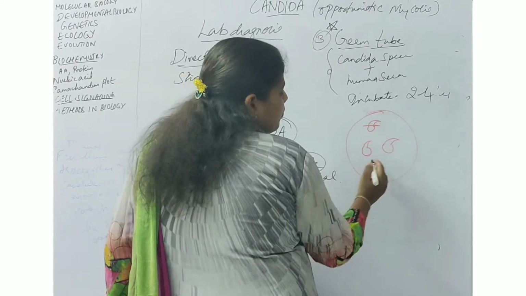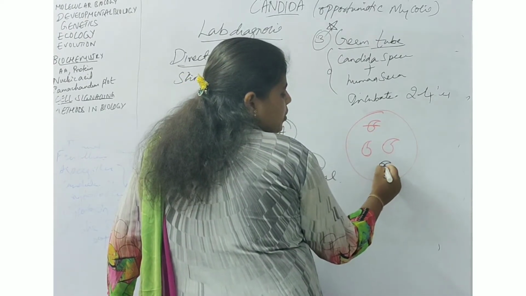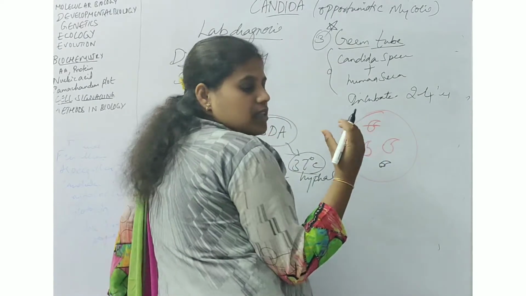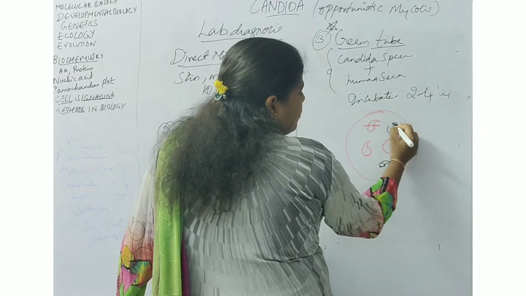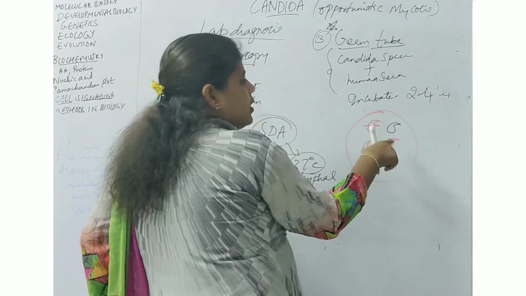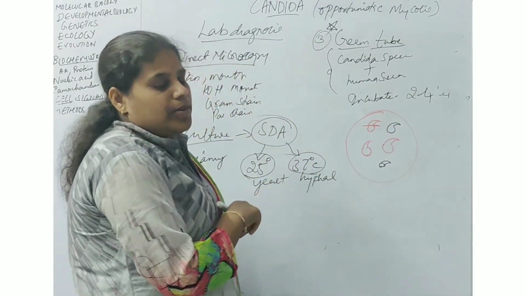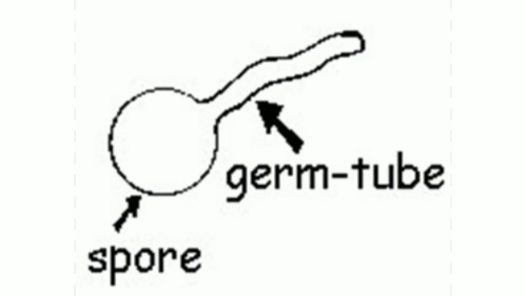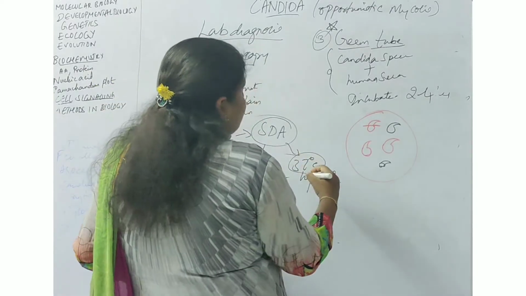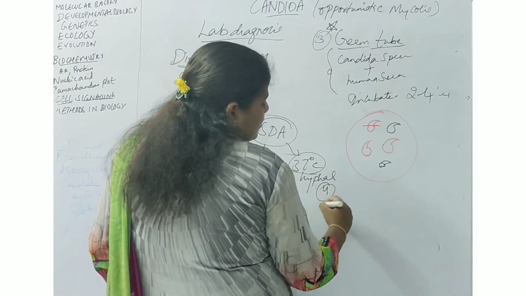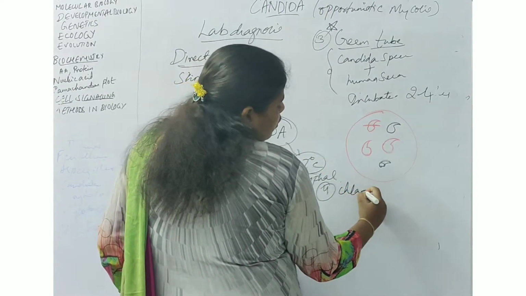The yeast cells only slightly bend and give a projection. This type of colony is observed in the germ tube test. Next we have another method, which is chlamydospore formation.